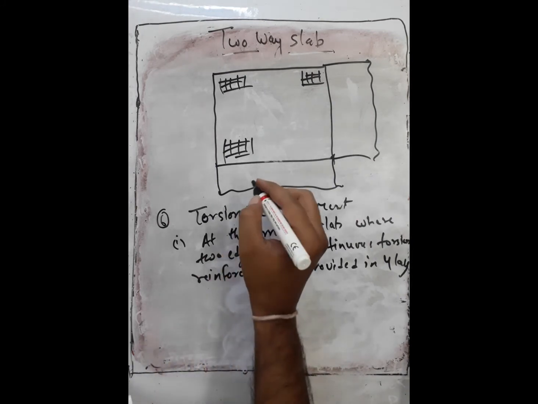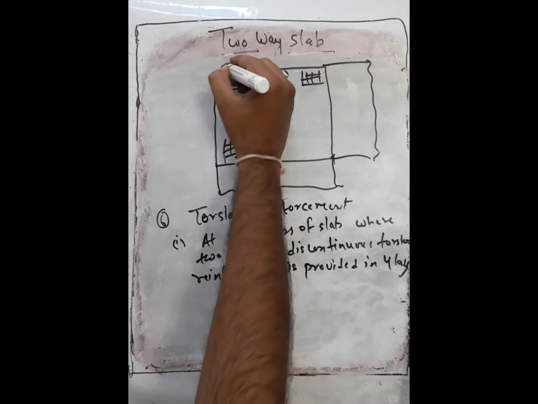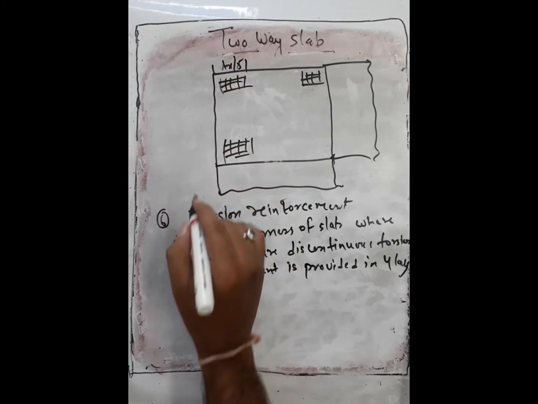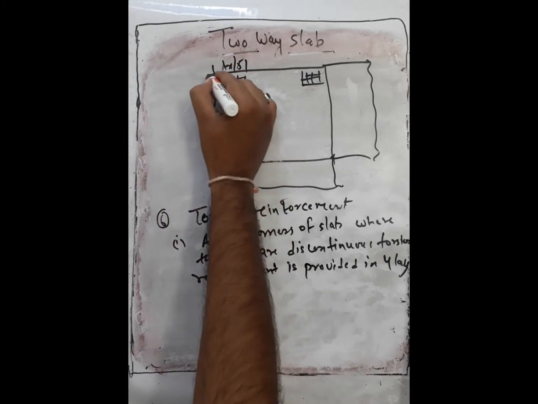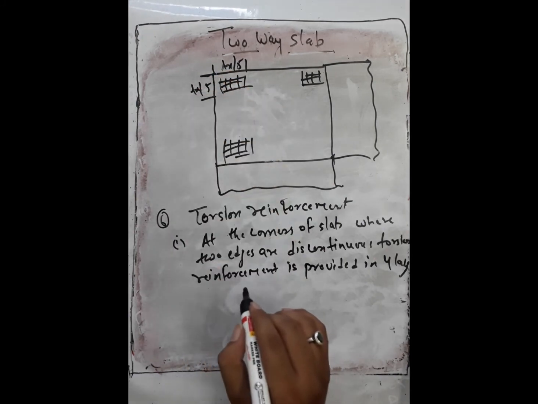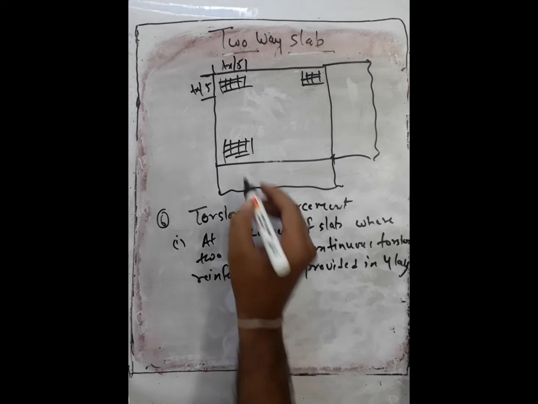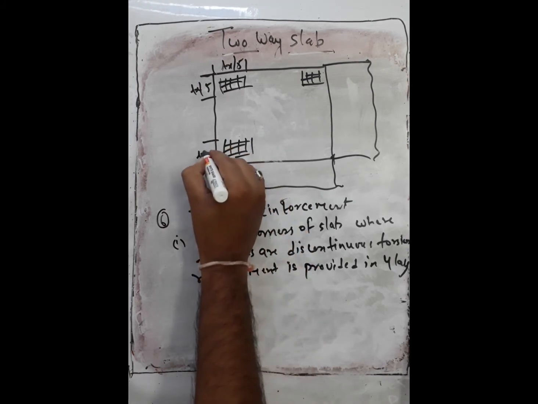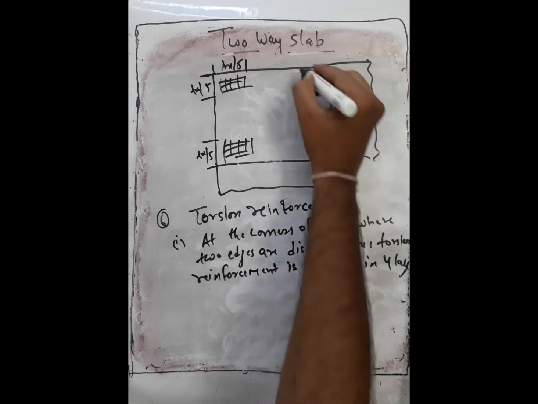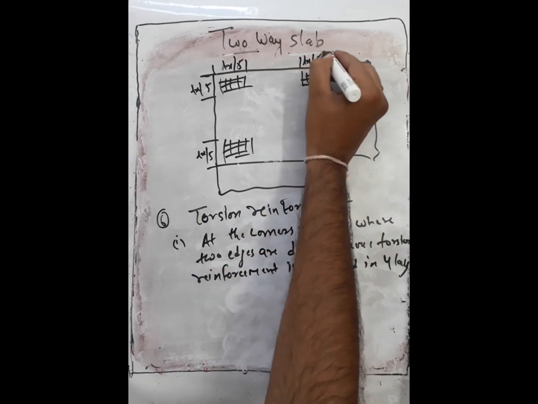This torsion reinforcement is Lx by 5 from this point to this point, again Lx by 5, this is Lx by 5.